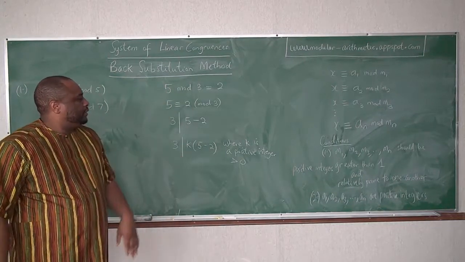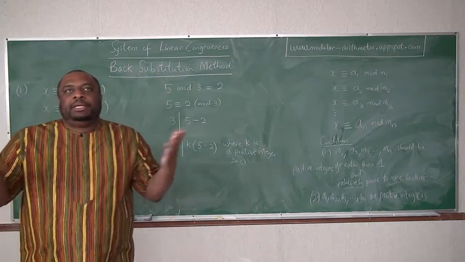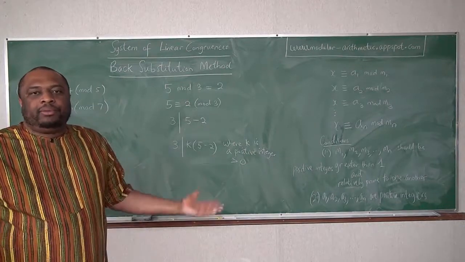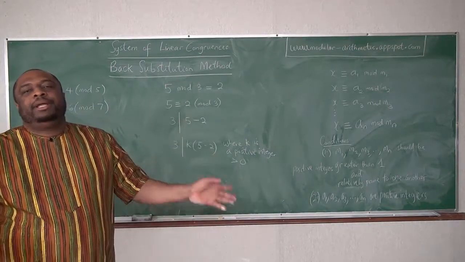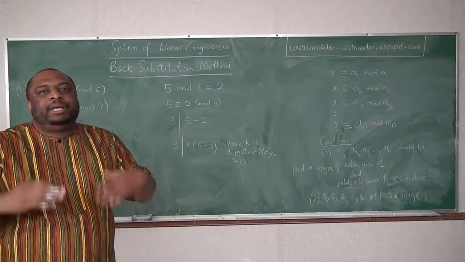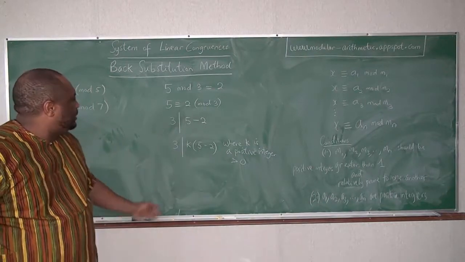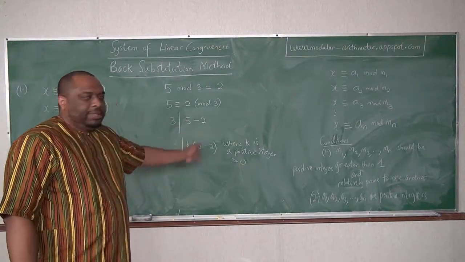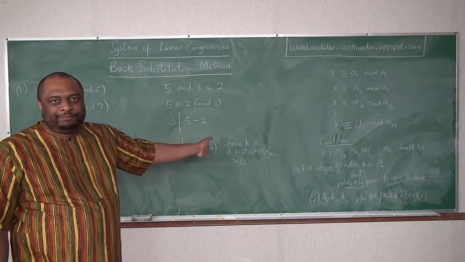So 3 will divide 2 times 3, 3 will divide 3 times 3, 3 will divide 4 times 3, 3 will divide 5 times 3. That is what it means.